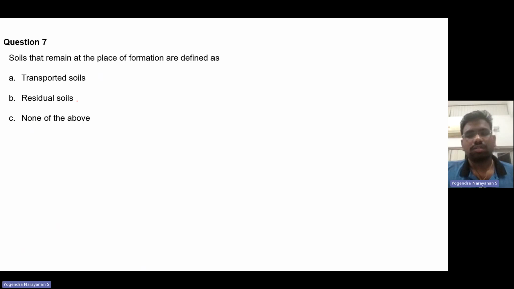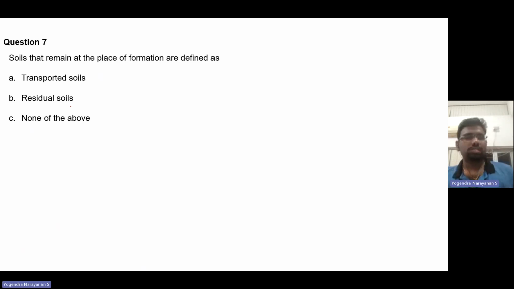And the soils which are formed at one place, transported by various agents and deposited in another place or different environment, subjected to different environmental conditions, which might change the entire nature of the soil itself, are known as transported soils.